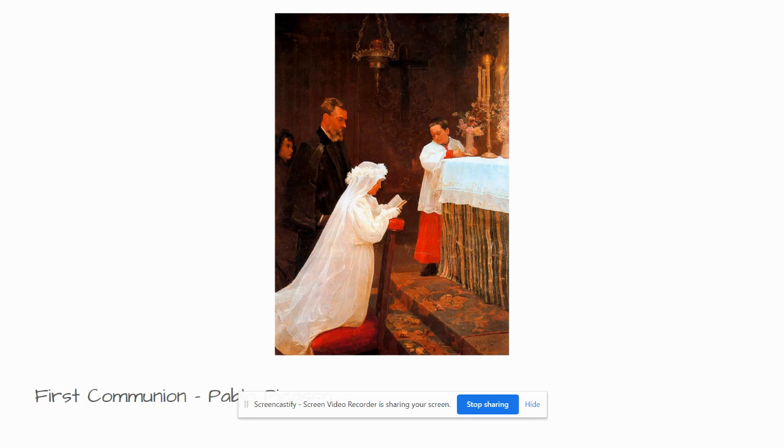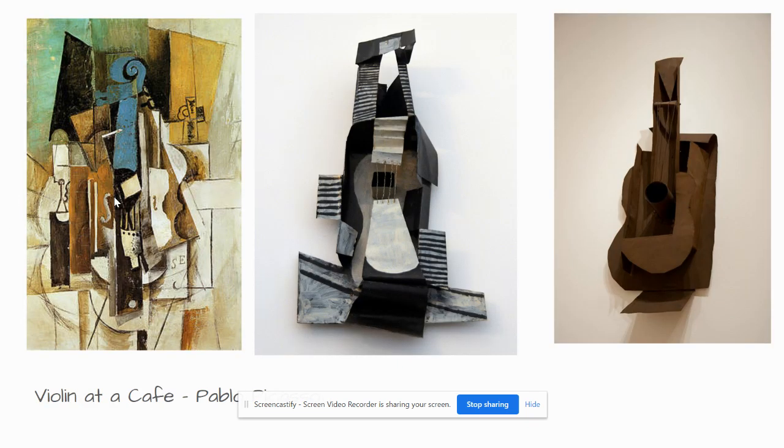But Picasso changed his style, although he could do extreme realism paintings like this, and preferred to do what became known as Cubism. This painting on the left here is what is considered Cubism.